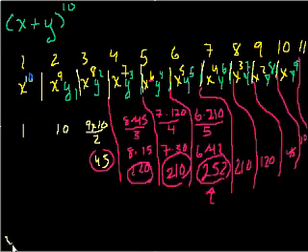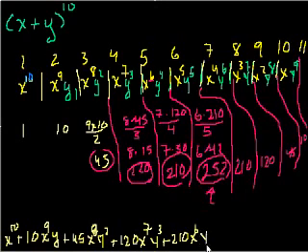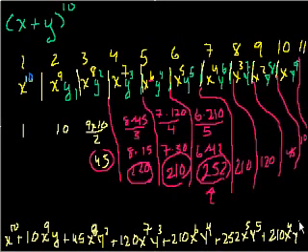It's x to the 10th plus 10x to the 9th y plus 45 x to the 8th y squared plus 120 x to the 7th y to the 3rd plus 210 x to the 6th y to the 4th plus 252, we're already at the middle term, x to the 5th y to the 5th, plus 210 x to the 4th y to the 6th. I'm running out of space, but you can hopefully extrapolate what I'm doing.